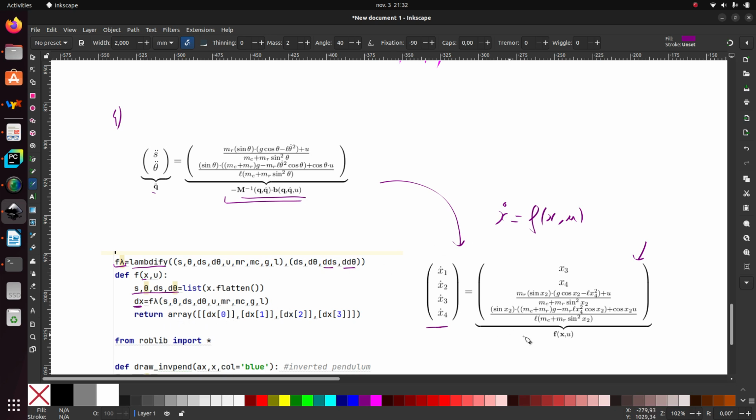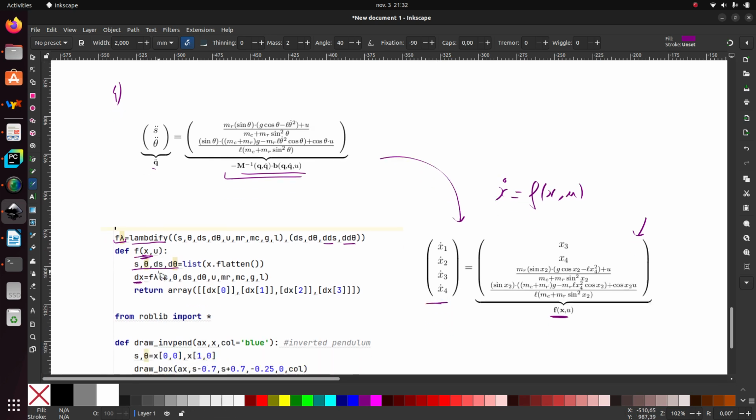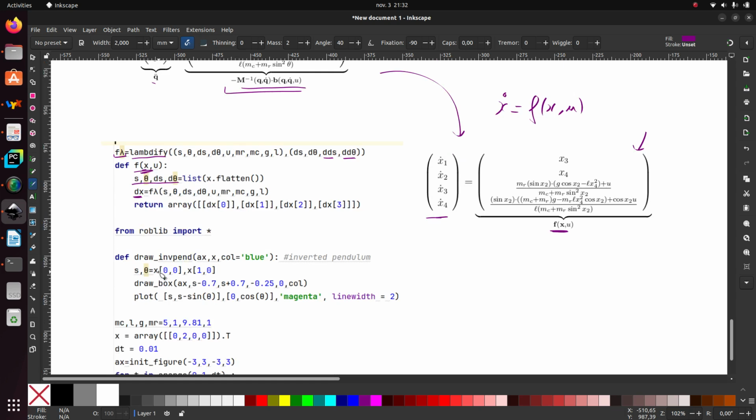Okay, so I will return f of x and u. I also need a function to draw the inverted pendulum. For this, I have an input x, and I will draw the box for the carriage and also the pendulum.